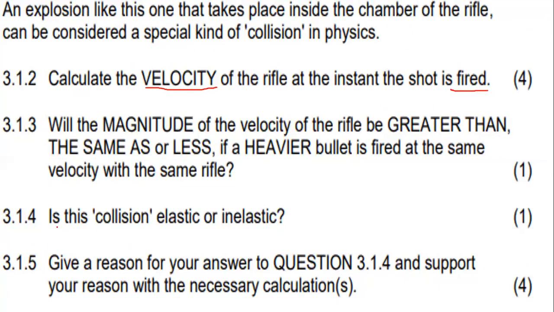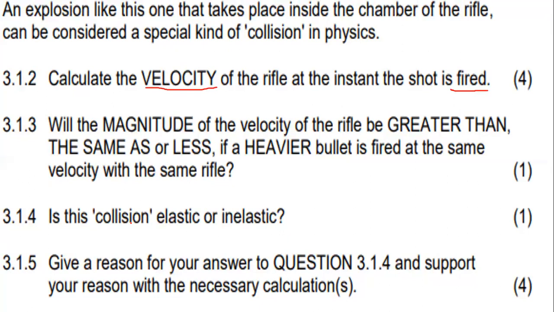Then we are asked, is this collision elastic or inelastic? Before we can even answer this question, let us remind ourselves, what do we mean when we say a collision is elastic? And what do we mean when we say a collision is inelastic?